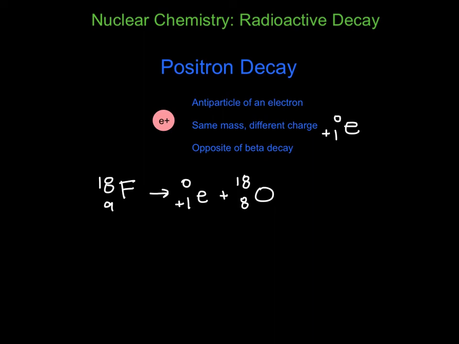So this is just a quick example of positron decay. You won't see it often, but it will come up every now and then. Just remember that positron decay is the opposite of beta decay, with a positively charged particle with no mass.